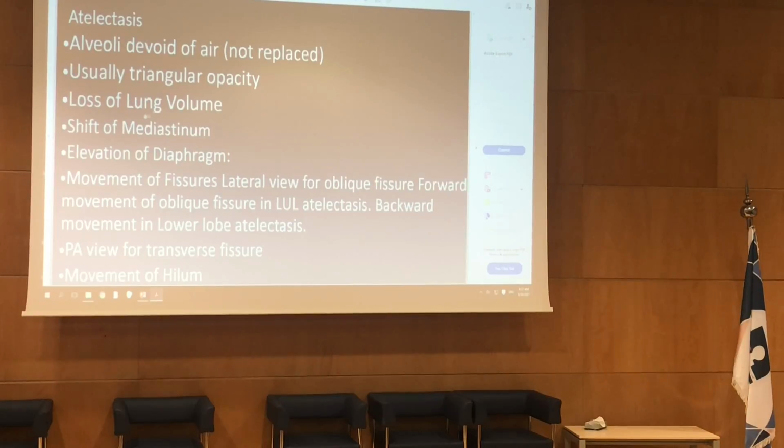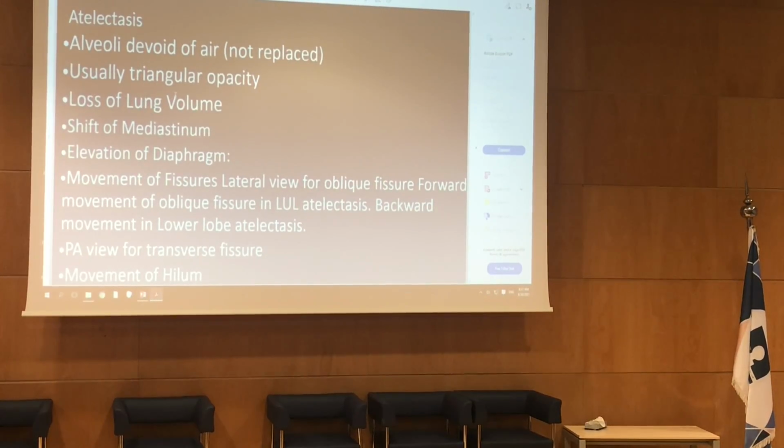Just a quick thing about what atelectasis does to the lung. Basically, atelectasis is alveoli without air. They lost the air in the alveoli and they're not replaced by fluid or anything, so they are collapsed. Usually there is a triangular opacity because it's either segmental or lobar affection, and there's loss of lung volume.